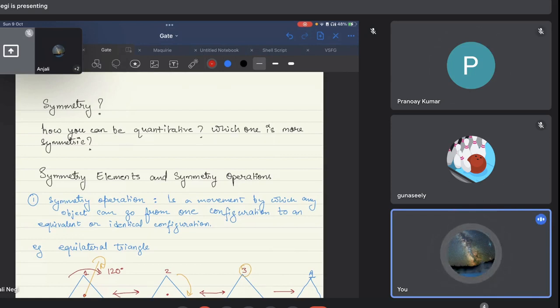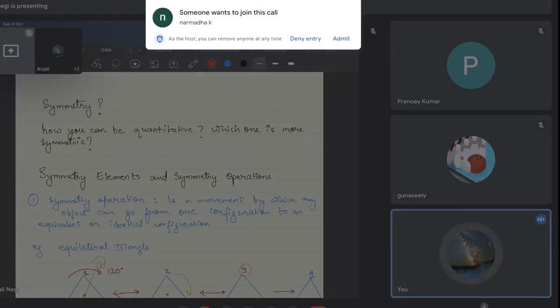So as in last one, I discussed the symmetry. The symmetry that you see around yourself, the question is that in a molecule or in particular atoms, in structures like complexes, how can you be quantitative about it, like which one is having more symmetry.